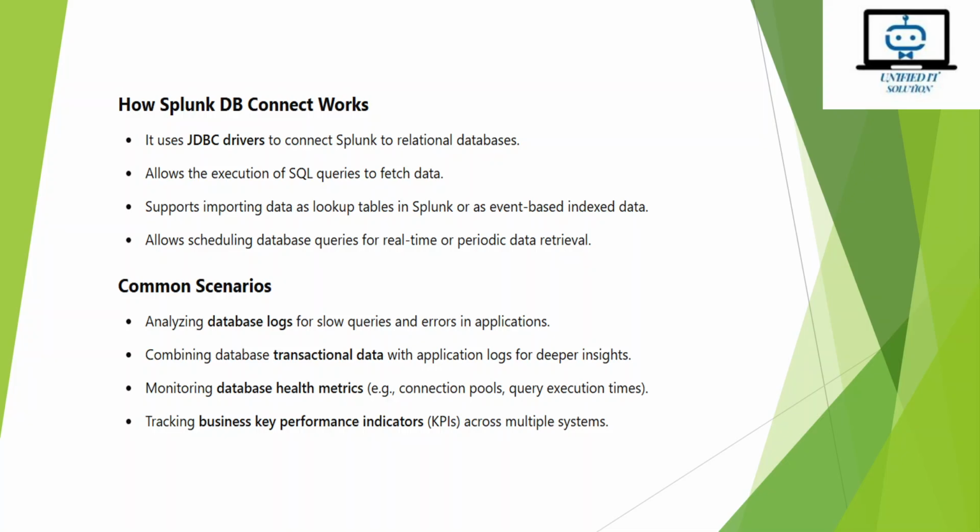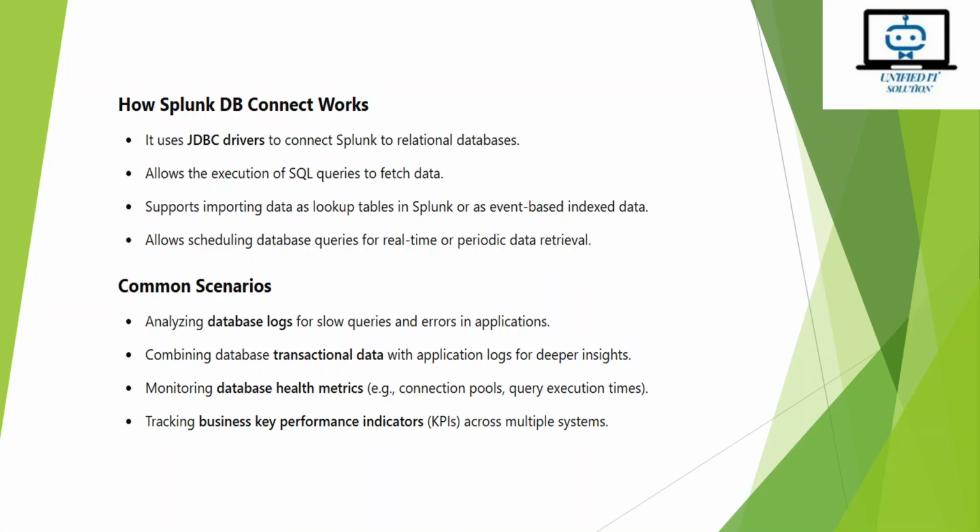DB Connect can execute any SQL query to fetch the data, and it supports both lookup tables as well as index data, event-based data, in Splunk. We can also run these SQL queries inside DB Connect on a frequency basis, in real time or at periodic intervals, so we can schedule this with any frequency.